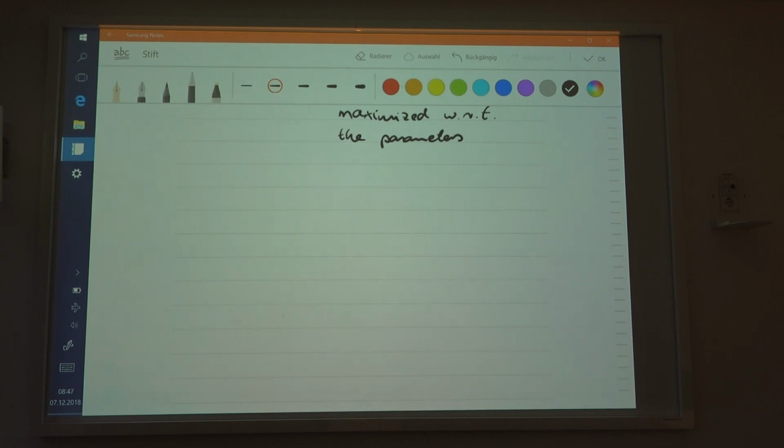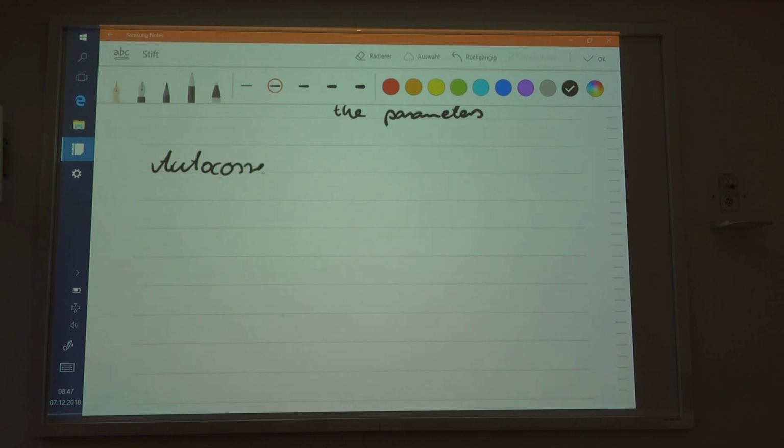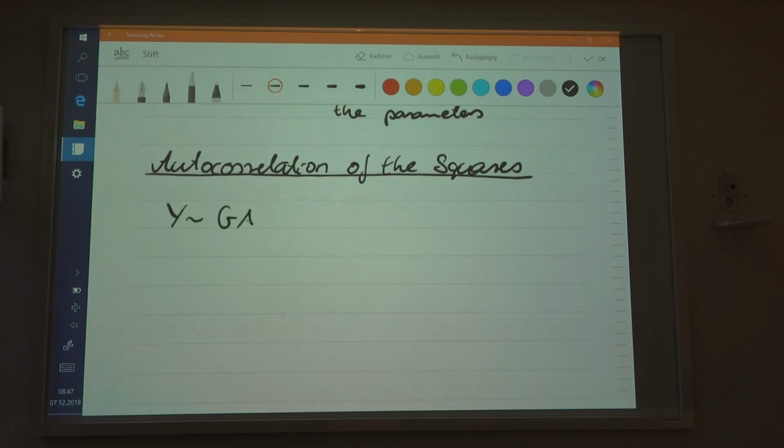Now, in terms of parameters, the first thing we do is testing the autocorrelation of the squares. That's the first type. As we talked about yesterday, if we have a GARCH process, this implies an ARMA process of the squares.